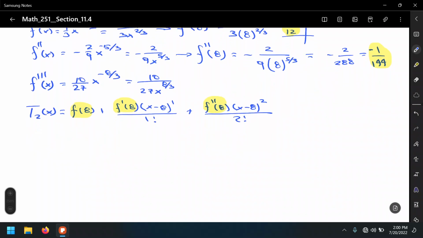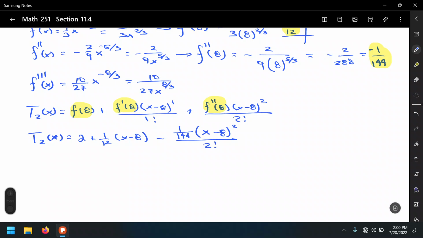And this will be T sub 2 of x equals 2 plus f prime of 8, that was 1/12, times x minus 8 to the first power, and then minus 1 over 144 times x minus 8 squared over 2 factorial.